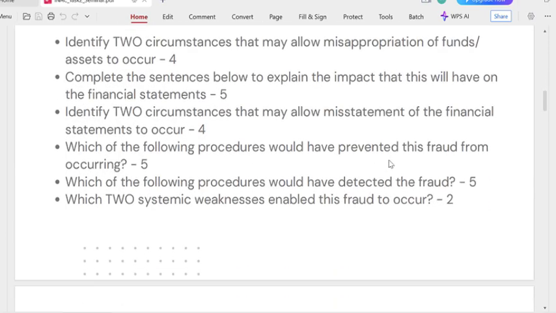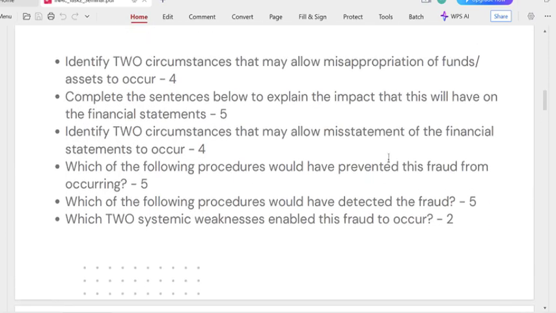Okay. In another type, we have, again, another question: identify 2 circumstances that may allow misappropriation of funds or assets to occur. And then we have to complete the sentence below to explain the impact. Okay, so we need to learn misappropriation.